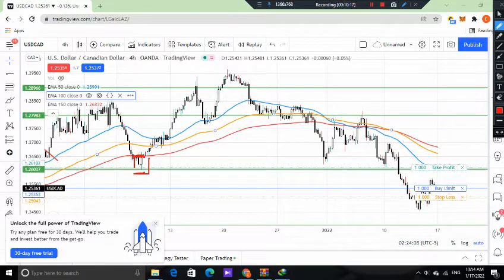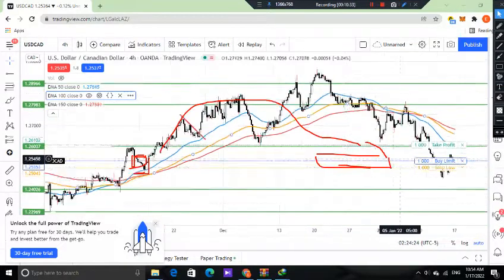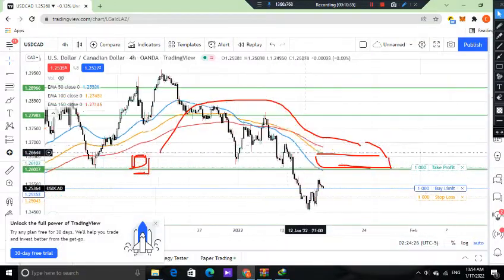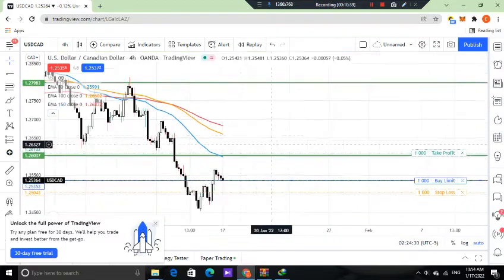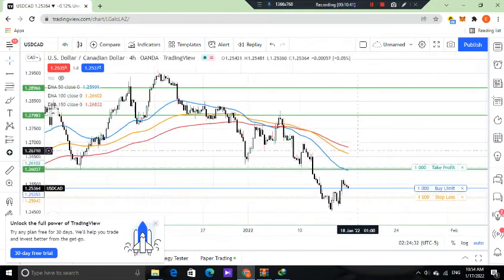It came again at this level, and after all this fooling around, you can see again it formed some double bottom here and a breakout, and we can expect that we see price react to this level again.